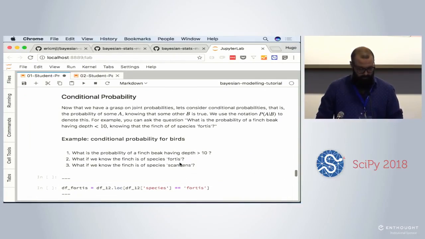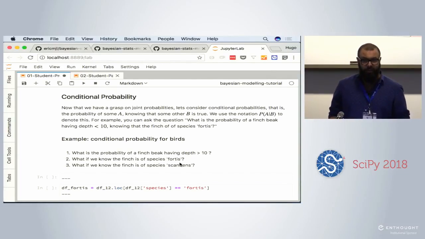Okay, so now let's think about conditional probability, okay? So it's the probability of one thing conditioned on another. So one example is we've seen the probability of a finch having a beak of a certain length.